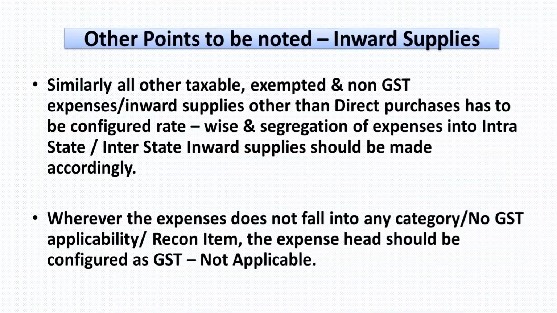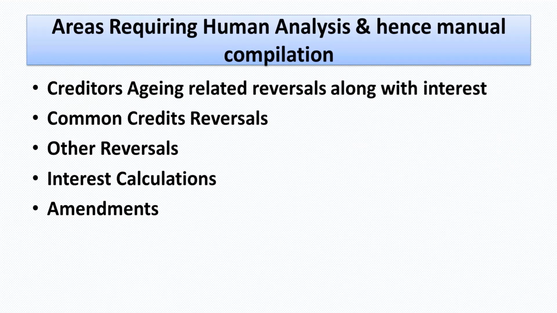As I started the presentation today, I was explaining how, although a lot of things can be taken care of by the software per se, there is still scope where human analysis would be required. One is this creditor aging related reversals along with interest, because we need to keep a track of when we availed it, when we reversed, when that 180 days got exceeded, and which particular month we reversed.